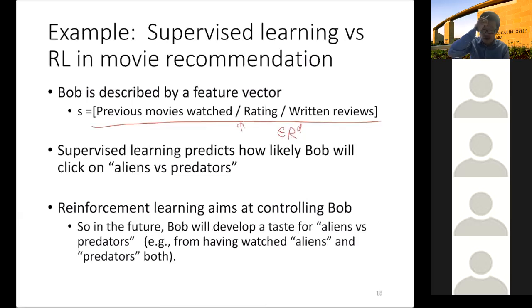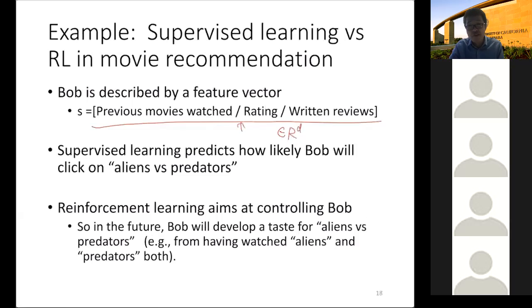On the other hand, reinforcement learning aims at not the prediction problem, but rather the control problem. Reinforcement learning is going to try planning way ahead of time and consider: suppose now I recommend this movie to Bob, there's a chance that Bob can click on this and maybe watch this movie entirely.